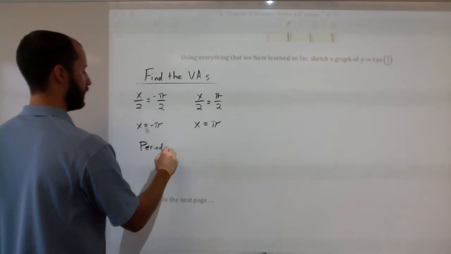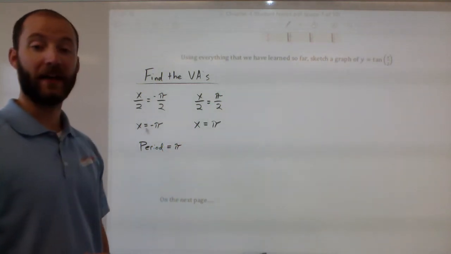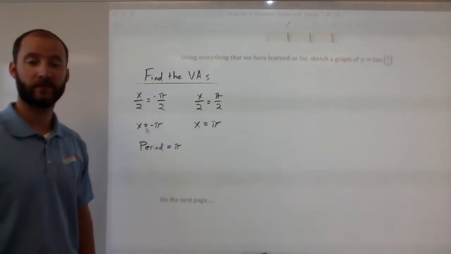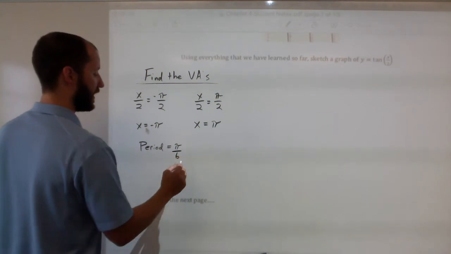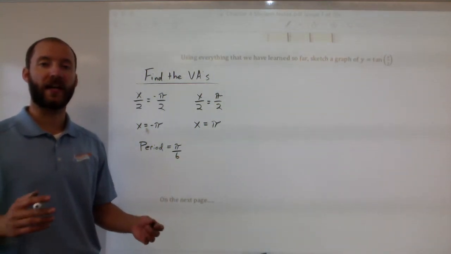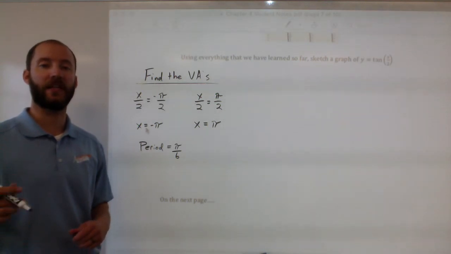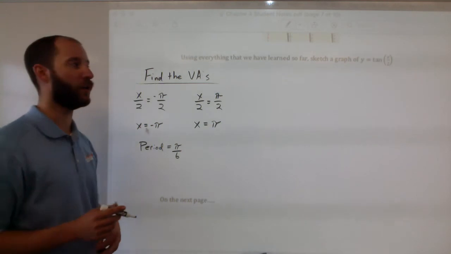The period for tangent should equal pi divided by b. It's a little different than sine and cosine. Sine and cosine, the period equaled 2 pi over b. Well, now for tangent, it's just pi over b.